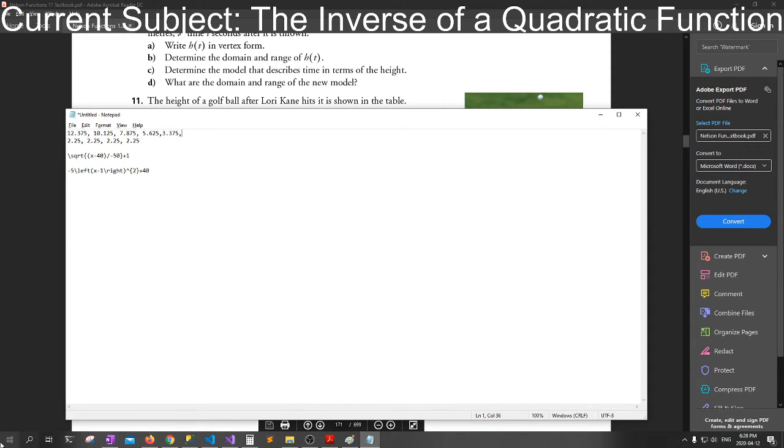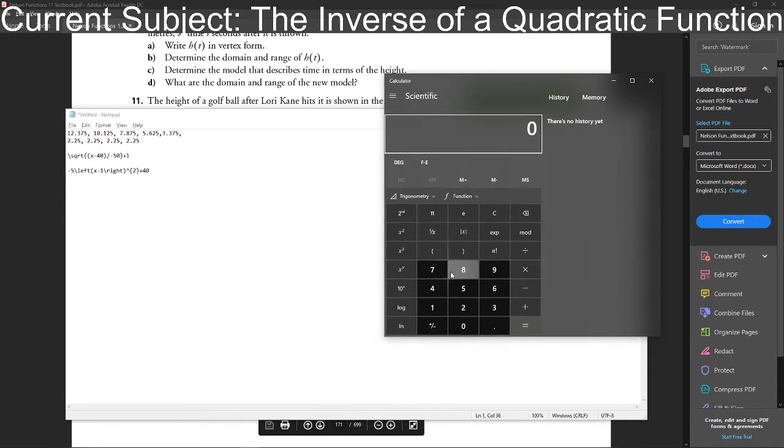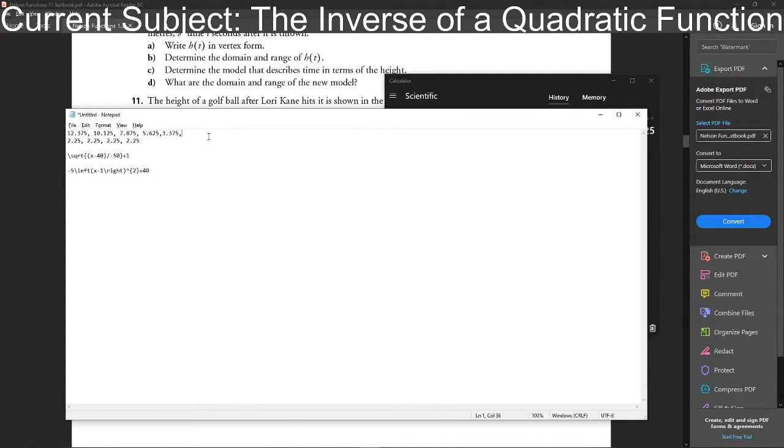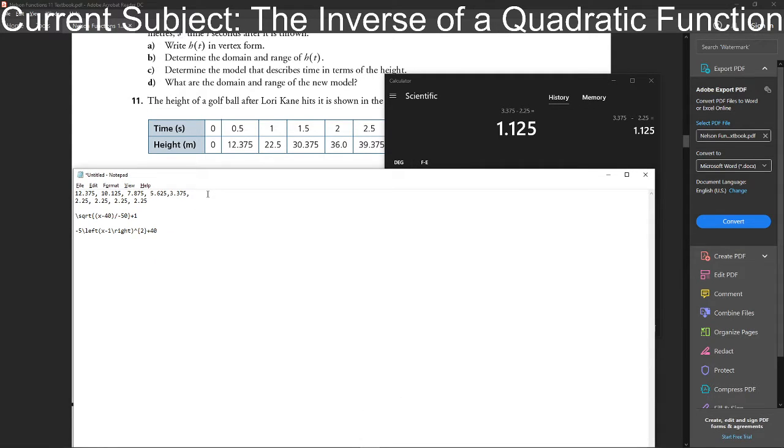Ooh, where's my calculator? Give me back my calc. So we gotta do what? 3.375 minus 2.25, which equals 1.125.